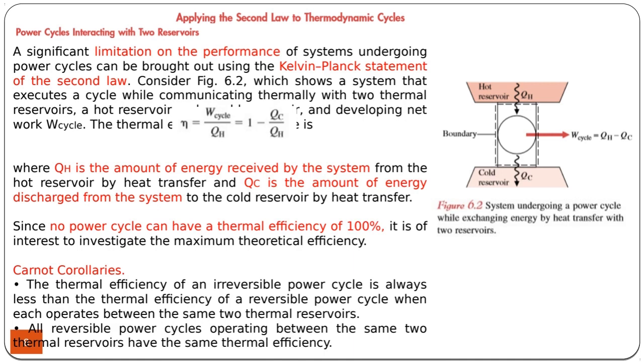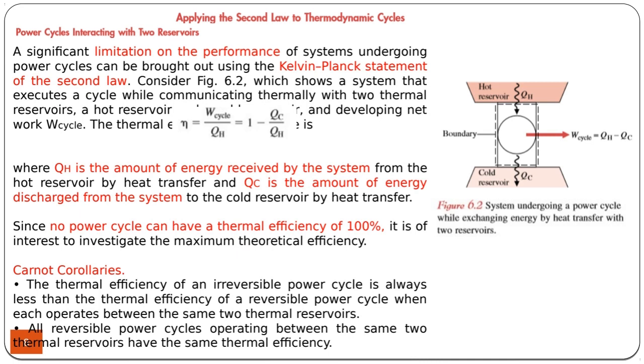The Kelvin-Planck statement says that it's not possible to convert all the heat input, all the energy input to work. Otherwise, the cycle cannot be completed. So some of the heat added into the system must be rejected so that the cycle can be completed.